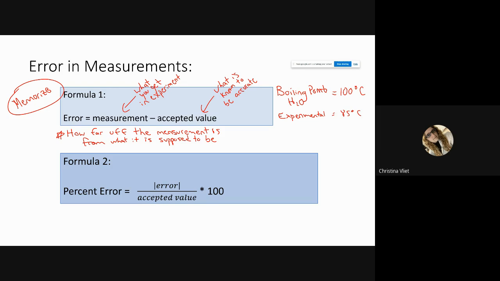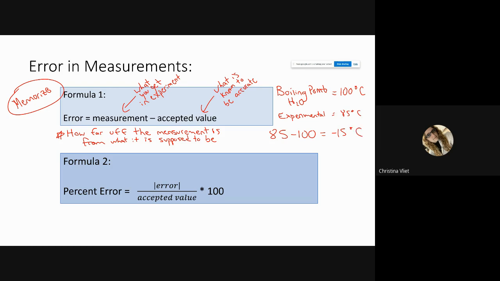It's 15. And it's technically negative 15. However, it technically also doesn't matter whether you write positive 15 or negative 15 because of what you see afterwards. So technically, if we follow this exactly, it would be 85 minus 100, which is negative 15. I don't express my answers like that. I just say the error is 15. I was off by 15. That's my error. And so 15 degrees Celsius, that's the error.